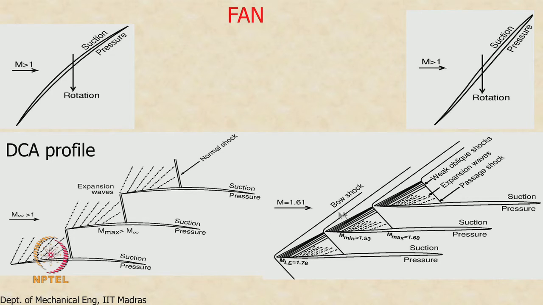turbofan engine. So, the custom diffusion airfoil tries to minimize or lessen this difficulty by using a concave and then a convex portion. So, the flow is decelerated in the concave portion from a Mach number of 1.61 to about 1.53 or so, and then this is followed by a convex portion where the flow inevitably accelerates again to a Mach number of 1.68.